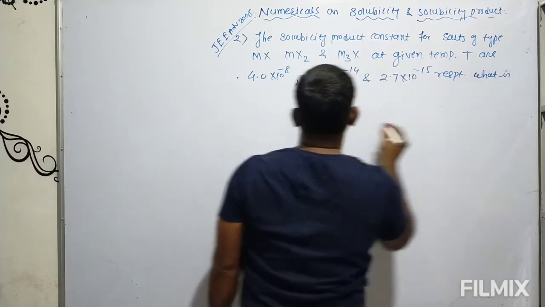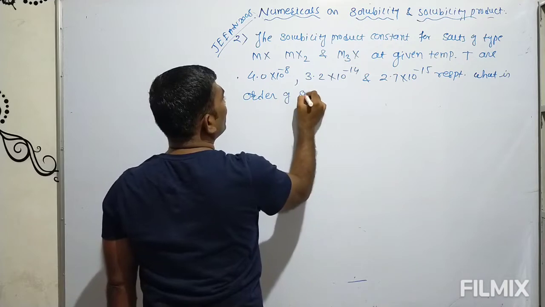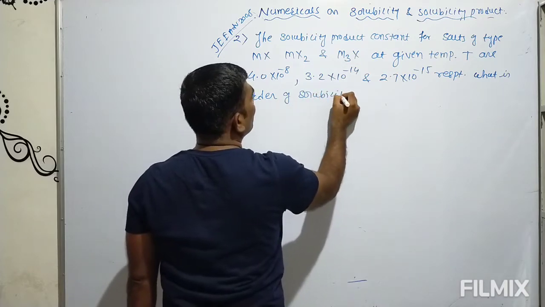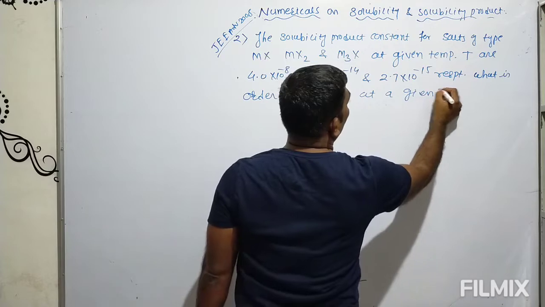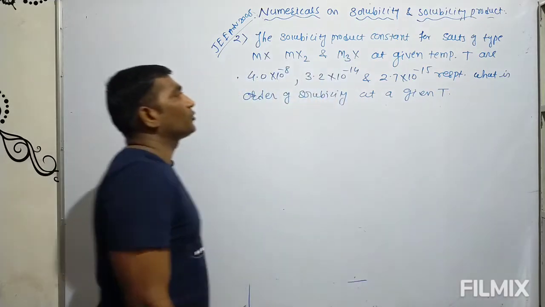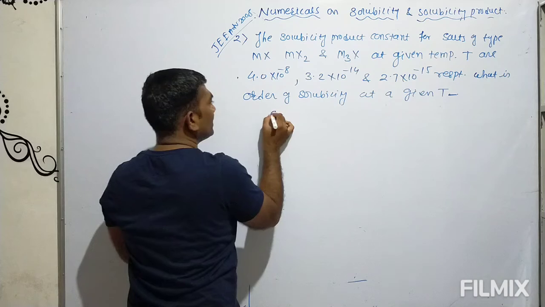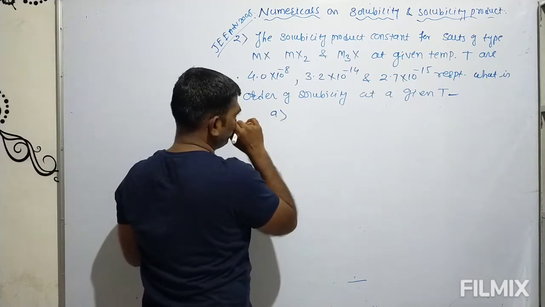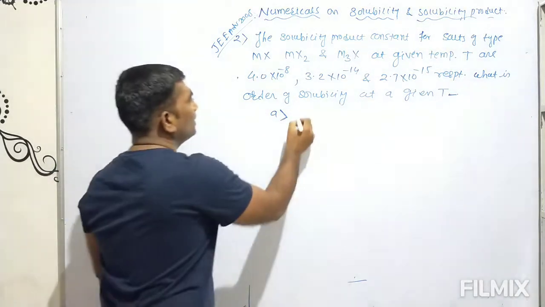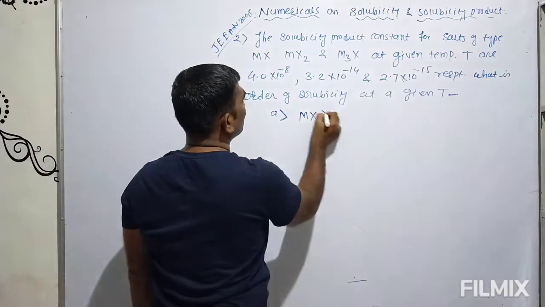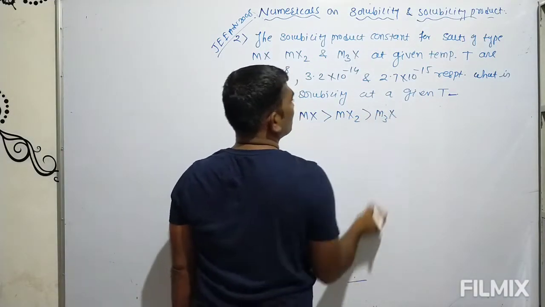What is the order of solubility at a given temperature? Four options are given. Option A: MX greater than MX2 greater than M3X.